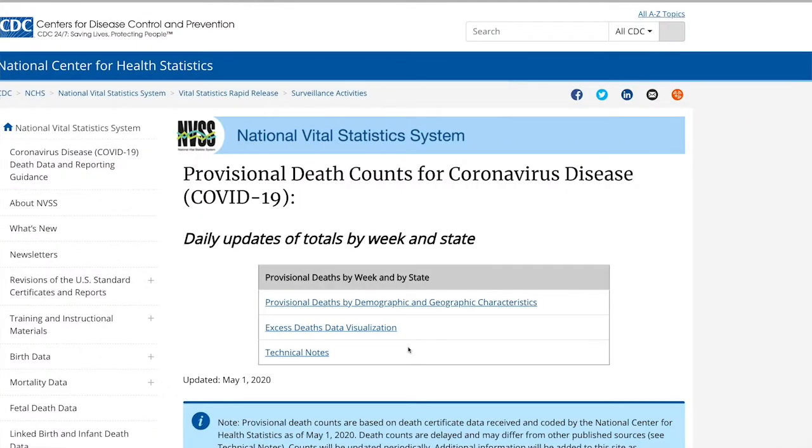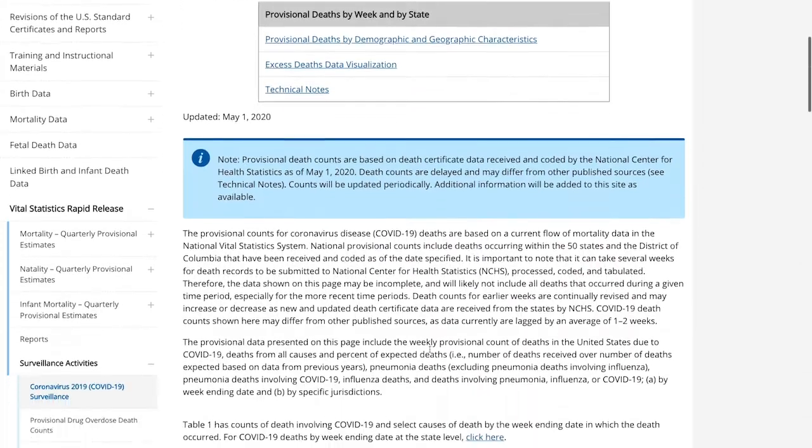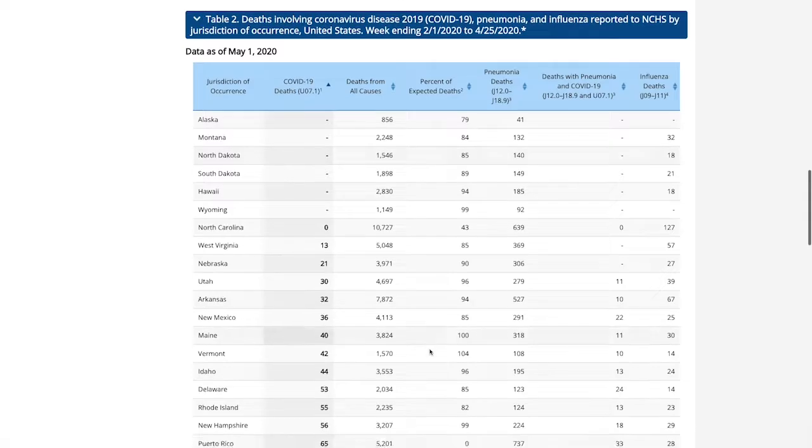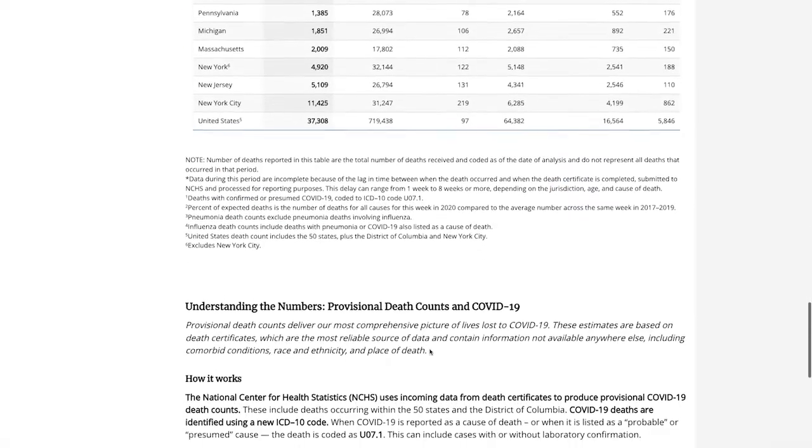So here's the cdc.gov, and it's their webpage called Provisional Death Counts for Coronavirus Disease. And let's go take a look at what they show us here. First of all, what is a provisional death count? Let's go down here and they'll tell us what it is.